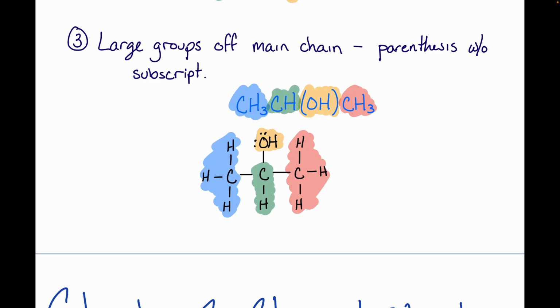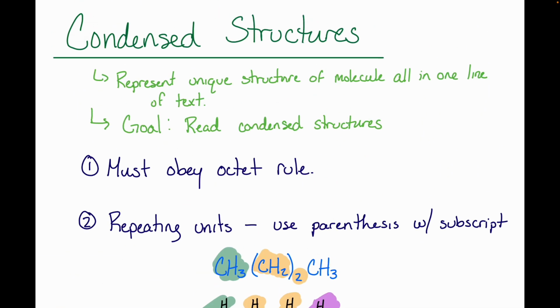All right, so this is going to be a practice makes perfect type of thing here. So let's just try to practice reading our condensed structures. Again, you're going to turn these condensed structures into Lewis structures.